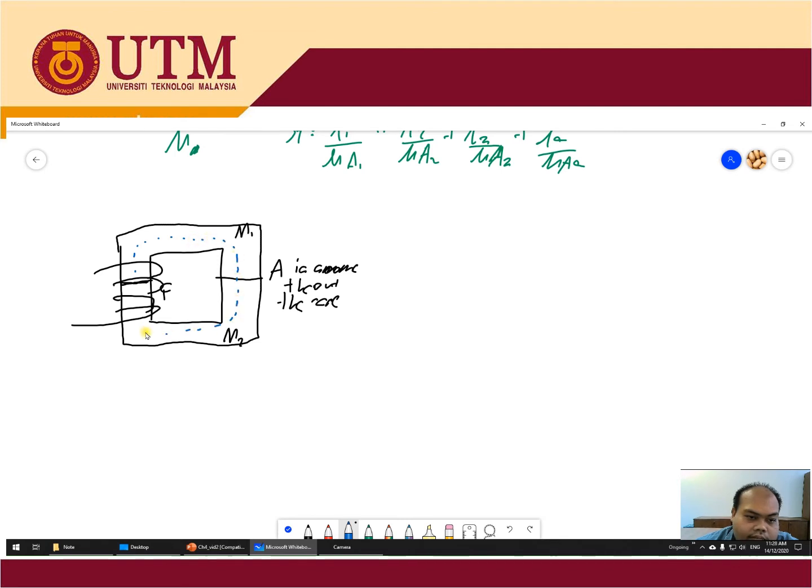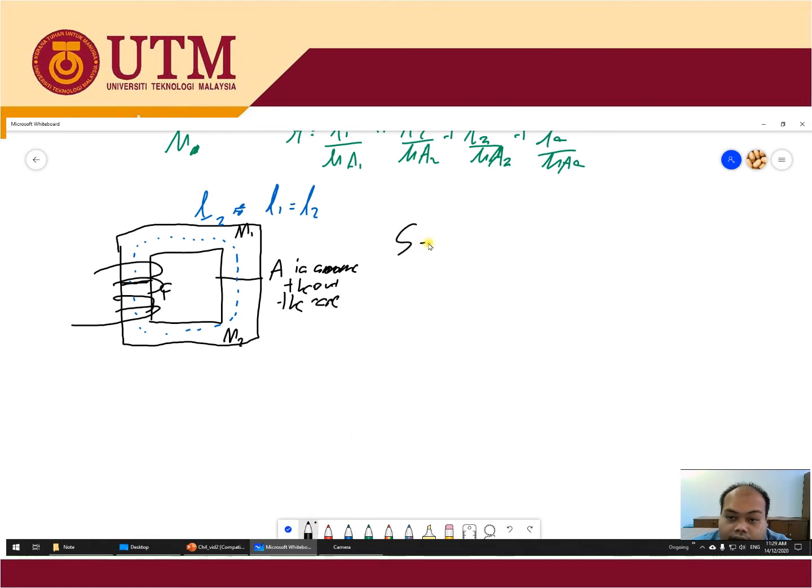So assume that the length is L, and L1 is material 1. L1 is equal to L2, basically L divided by 2. Same length, so only the material is different.